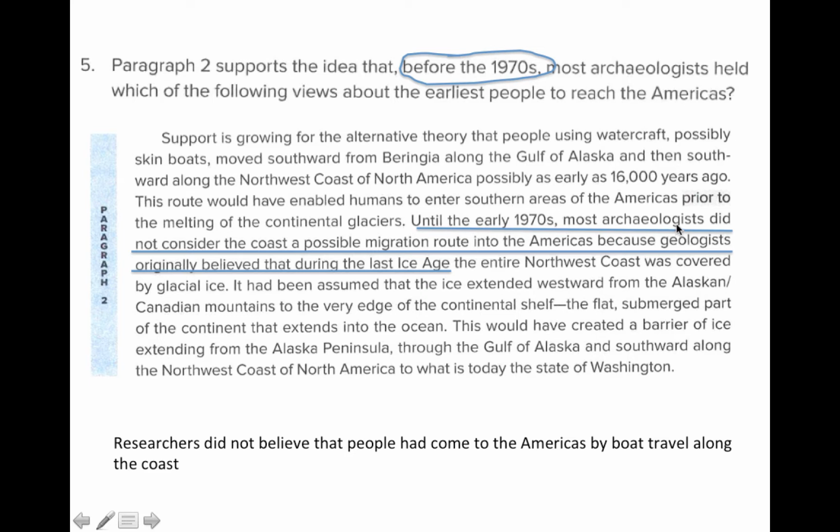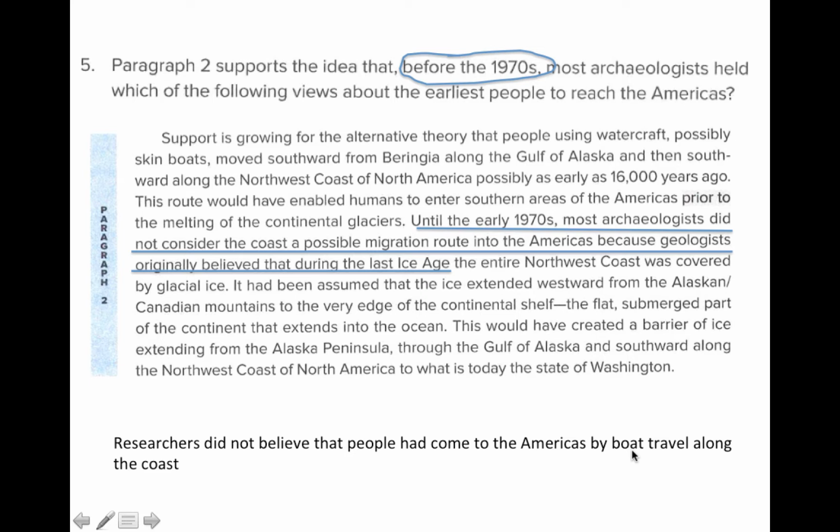Most archaeologists, again, were still looking correct, did not consider the coast was possible as a route to the Americas because it was believed to be covered by ice. So to kind of summarize those ideas, researchers didn't believe that people had come to Americas by the coast in boats because it was covered in ice.